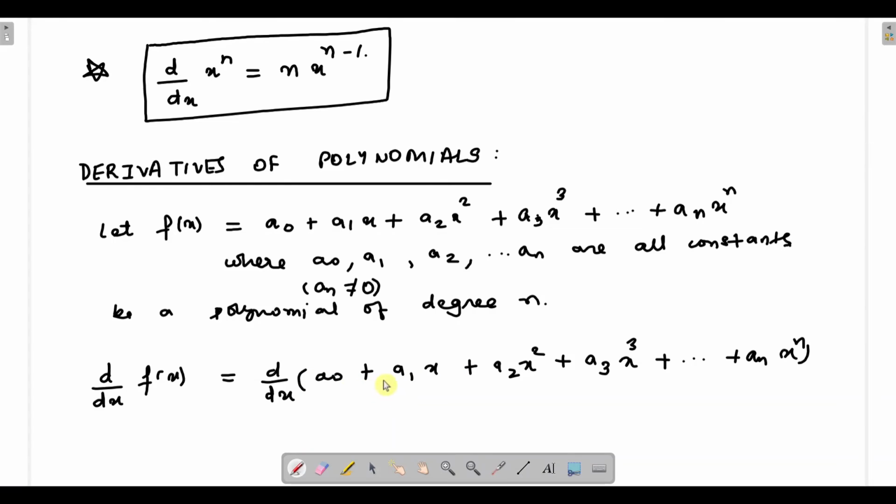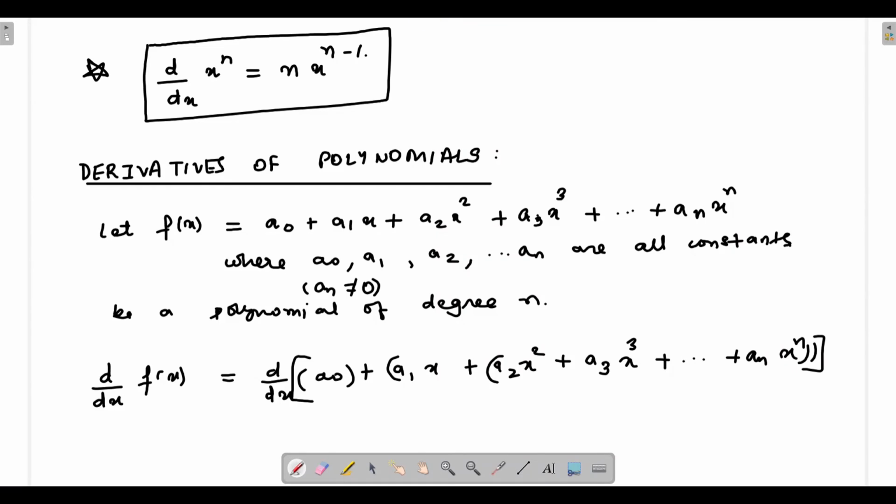So the derivative will get split to every function in the sum. That is property number 1: the derivative of f(x) plus g(x) is equal to the derivative of f(x) plus the derivative of g(x). So the property can be applied in this way. First you take this as f(x) and then this as g(x). Then you will get the derivative of a naught plus the derivative of this. Then again for the derivative of this, you will get the derivative of a1x plus the derivative of this, and so on. You can keep on applying the derivative to each and every term of the sum.